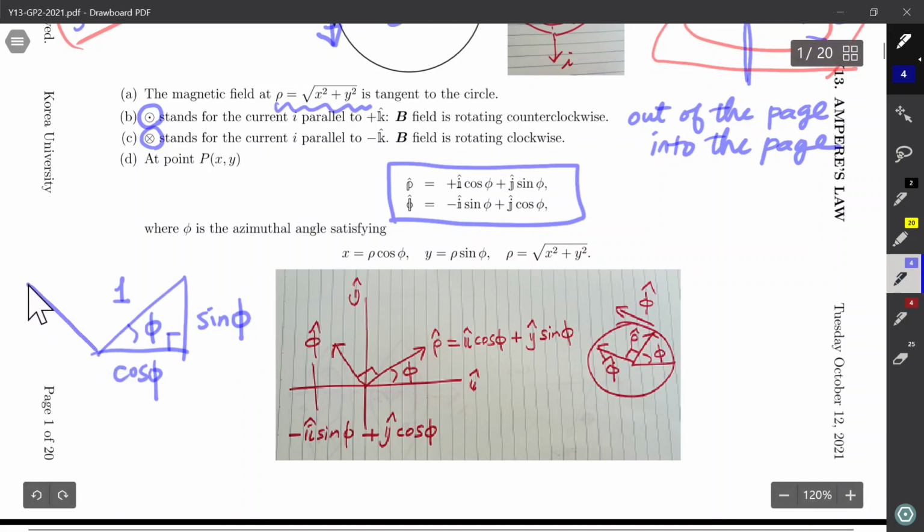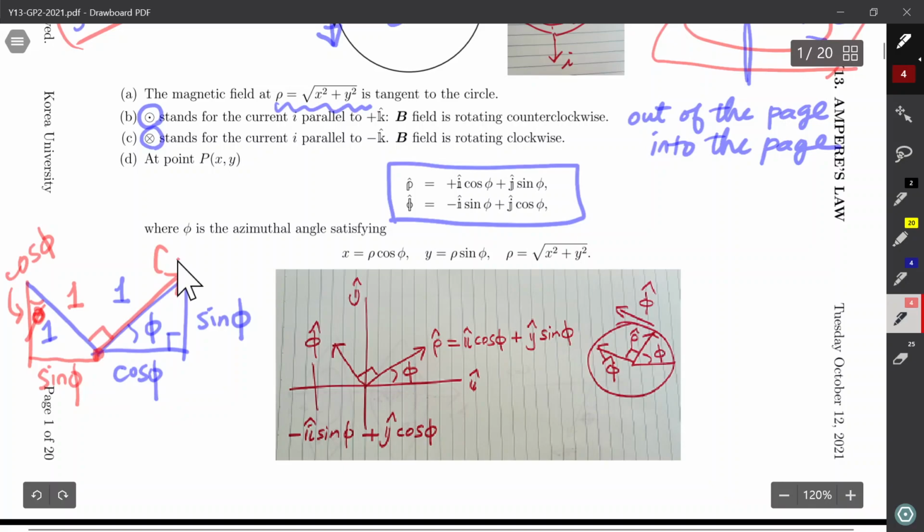To denote this unit vector, we use the coordinates cosine phi, sine phi.